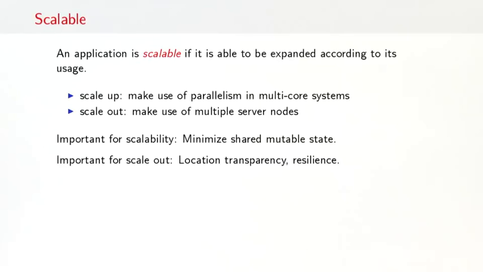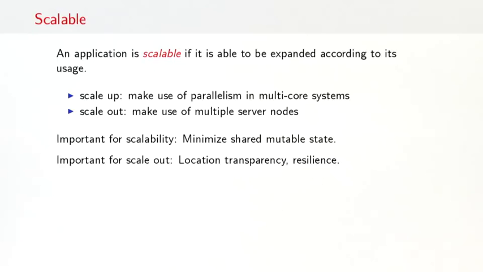And then there's scaling out, which means we make use of multiple server nodes, often in a data center or in the cloud. Important for scalability here is always to minimize shared mutable state, because we will see that that actually has implications on the ease and the efficiency of scaling.